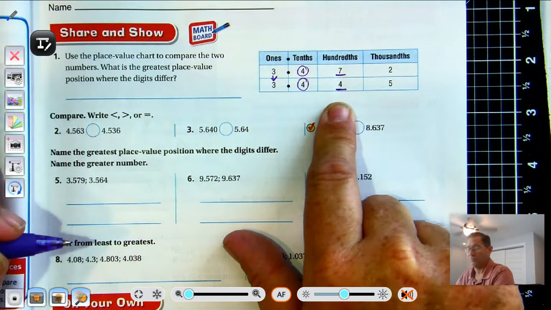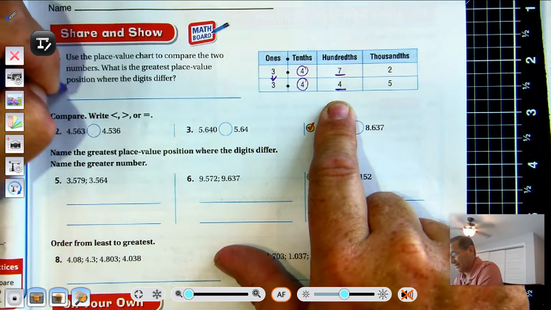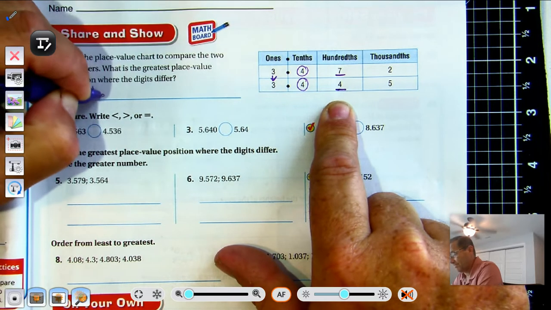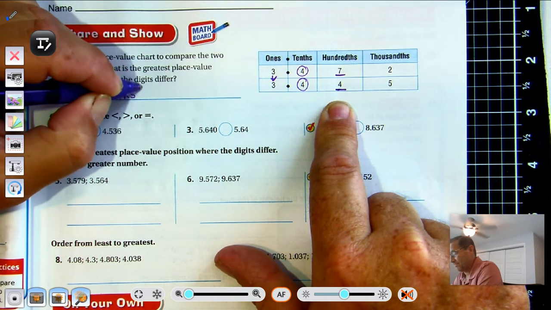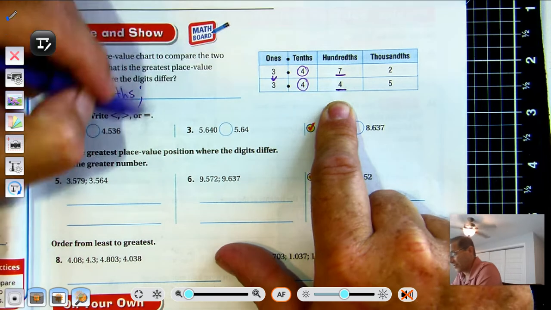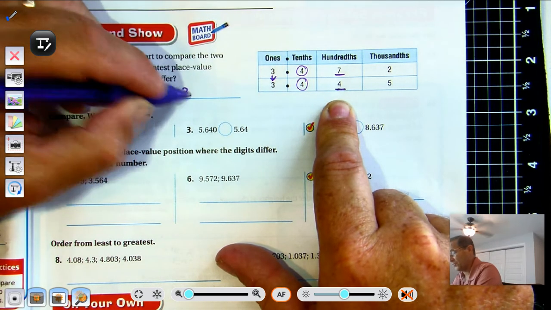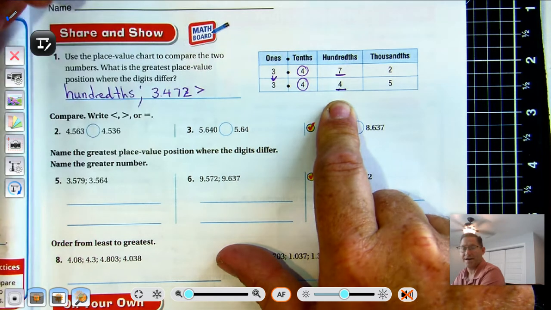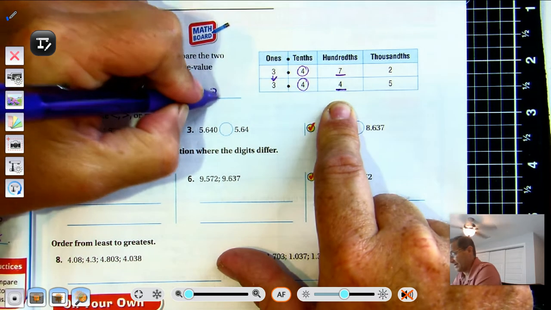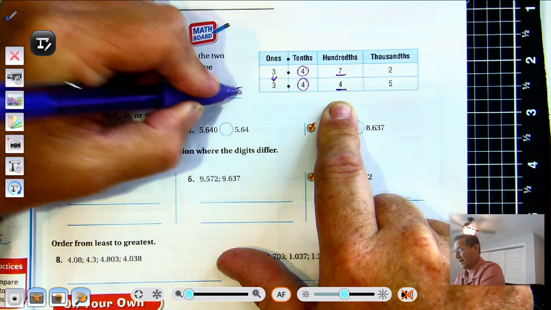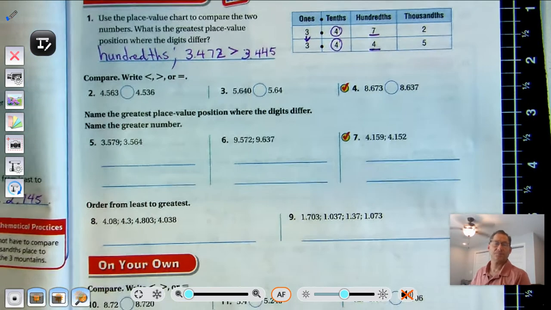Hundredths, okay, so there we have a difference. 7 is greater than 4. So let's compare them. 3 and 472 thousandths is greater than 3 and 445 thousandths.